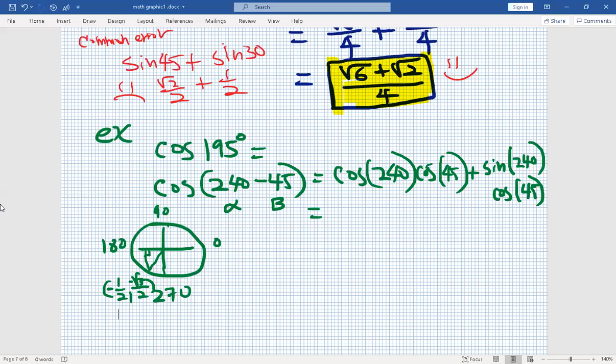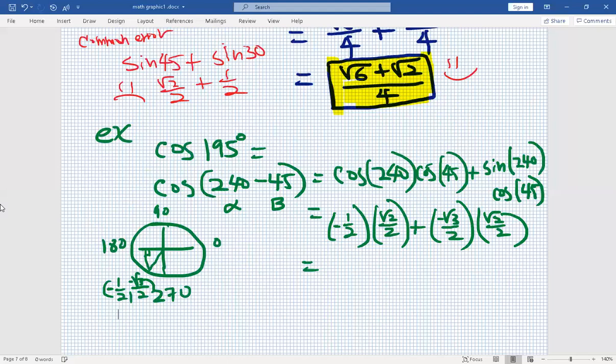So cosine of 240 is negative 1/2. Cosine of 45 is radical 2/2, plus sine of 240, which is negative radical 3/2, and cosine of 45 is radical 2/2.